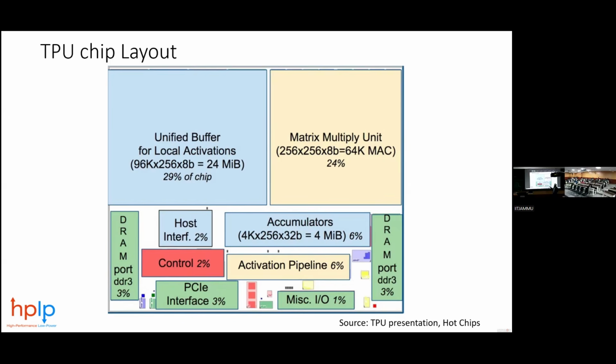Actually, this is less than what we saw for the GPU. But this buffer is quite large, 24 megabytes. It's actually a little bit more than a third of the chip, just this buffer.